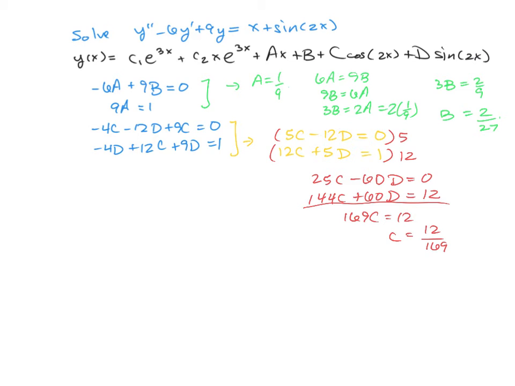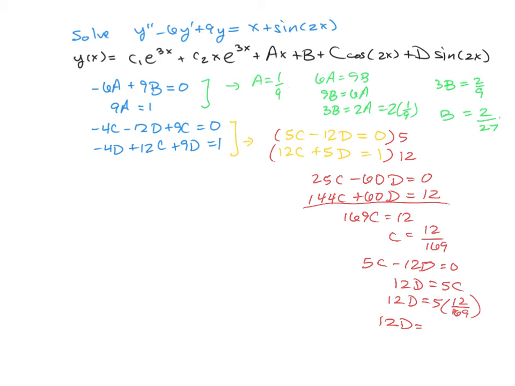If we go back to our top equation, we have 5c minus 12d is equal to 0. That says that 12d equals 5c. So 12d is equal to 5 times 12/169. So 12d is equal to, that seems kind of weird.